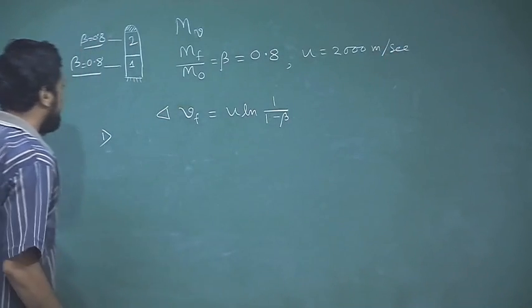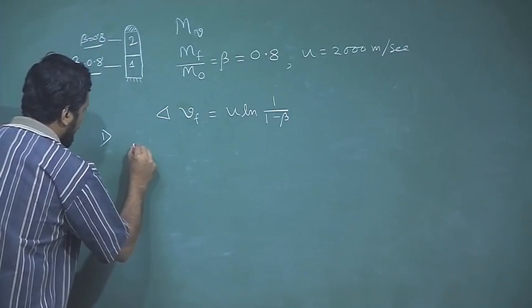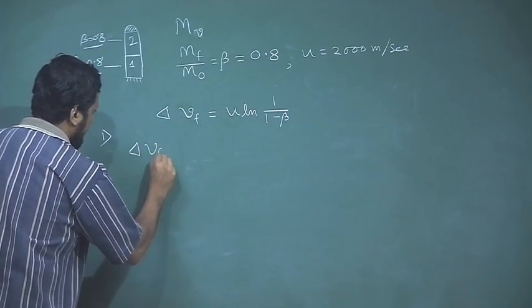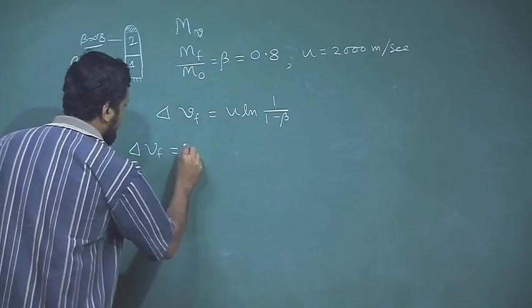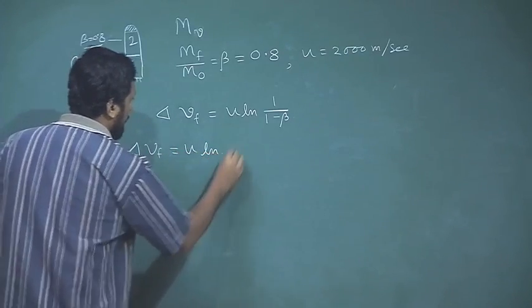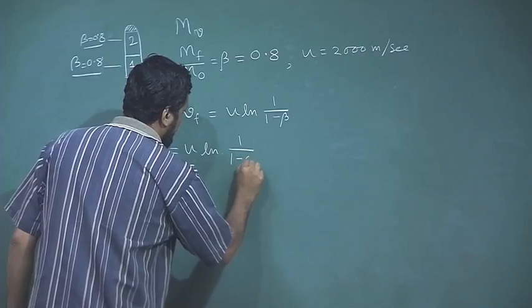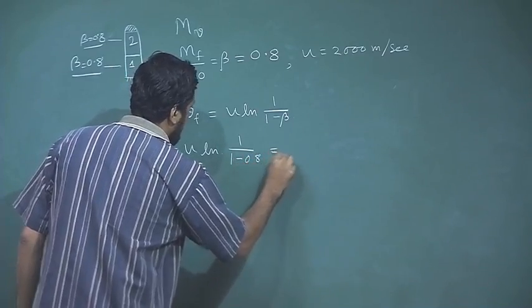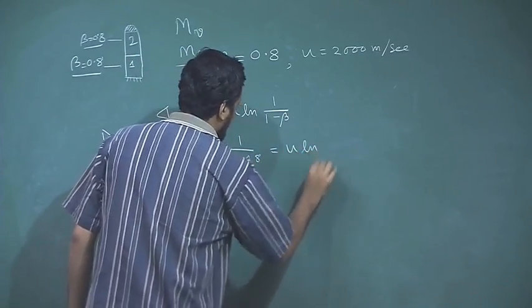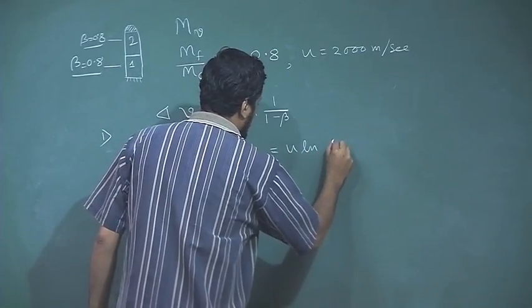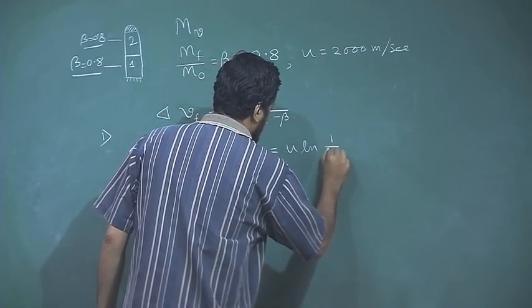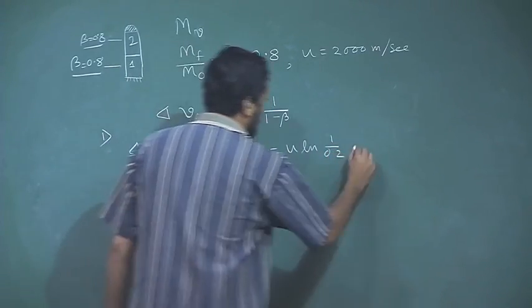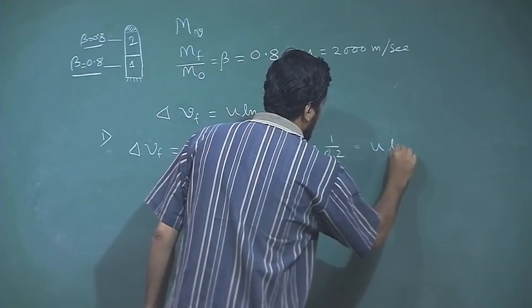So after the first stage is exhausted, we have a total velocity change given by u ln 1 by 1 minus 0.8, that is u ln 1 by 0.2, which is equivalent to u ln 5.